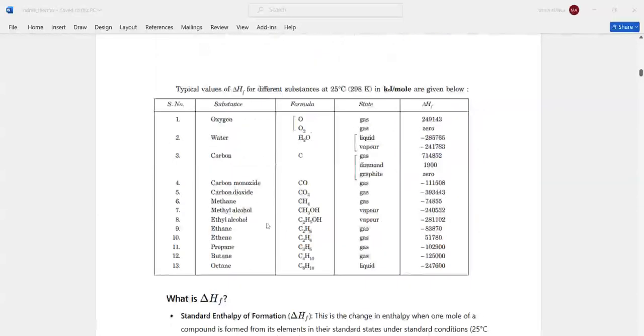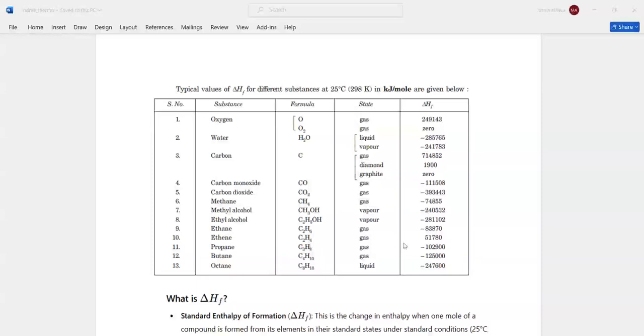So you can study this table and see this gas, propane. To form this propane, you would release a value of 102,900 kilojoules per mole to be able to produce that propane from carbon and hydrogen.